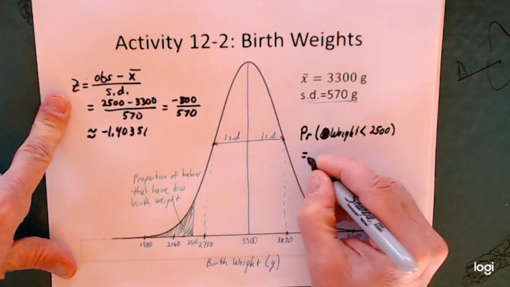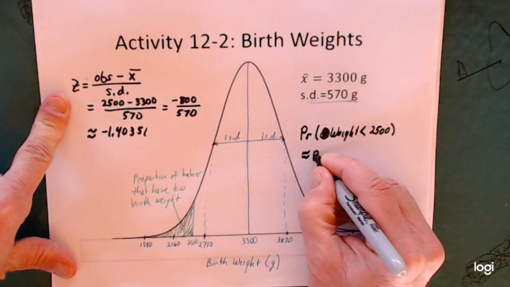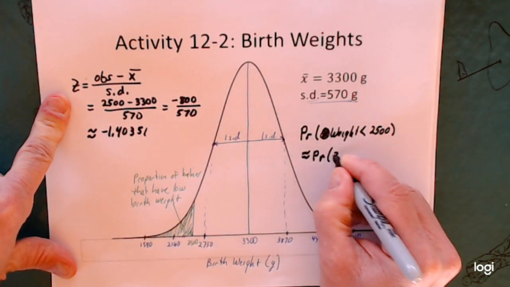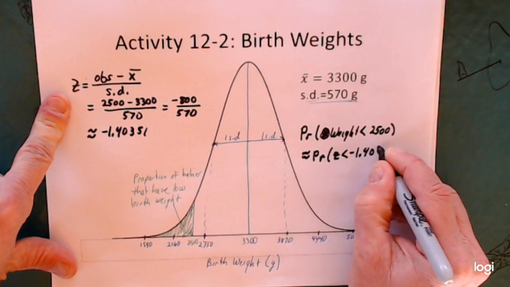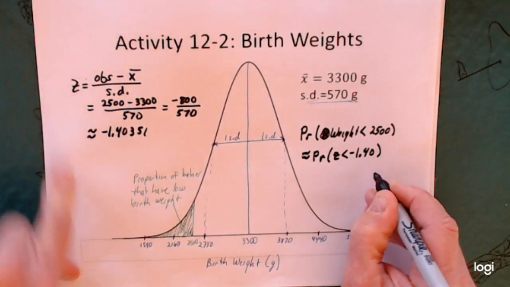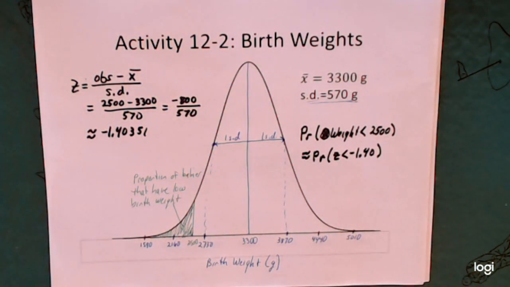That's going to be at least approximately the same as the probability of getting a z-score less than negative 1.40. I'm rounding to the hundredth, because remember our table 2 is only good to the hundredth value.